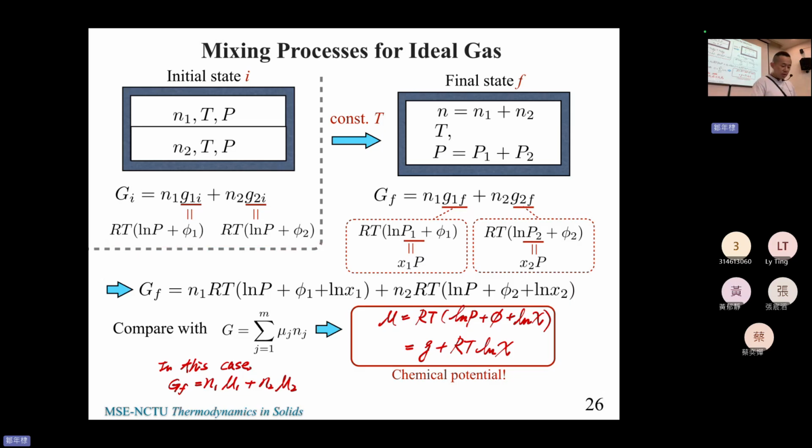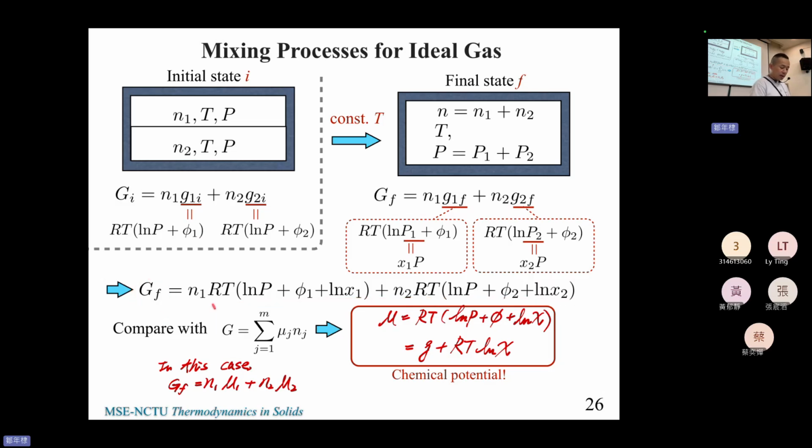For the final state we can also write it down like this, but the difference is that now G1 and G2 are written like this, but P1 and P2 are rewritten as the molar fraction of each gas component times the total pressure, and the same for the second term. So we can find GF.